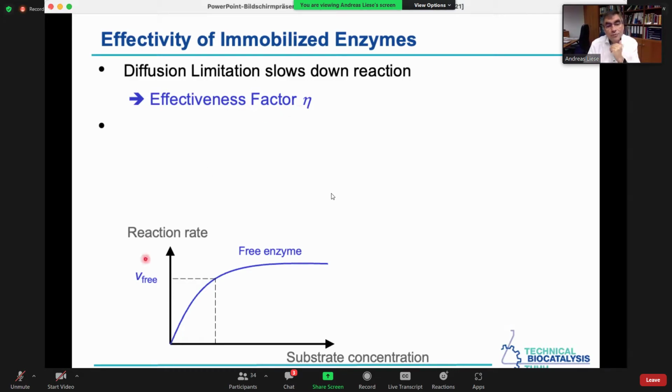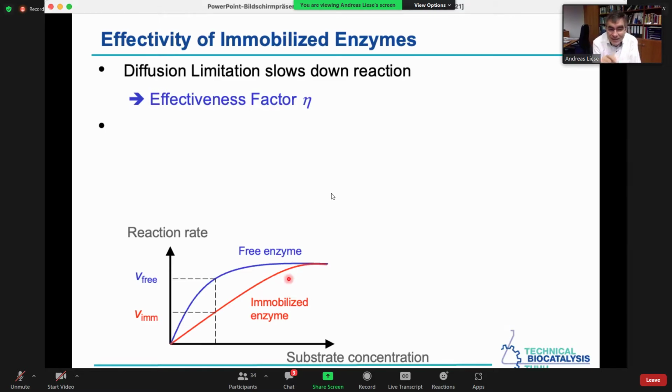And how to study this? In the end, we plot a Michaelis-Menten curve, that's reaction rate as a function of the substrate concentration. This is the Michaelis-Menten plot that you know for the free enzyme, solubilized in the bulk phase. Now, if we introduce an immobilized enzyme that has a limitation in performance, for example because of diffusion limitation, what is changing?